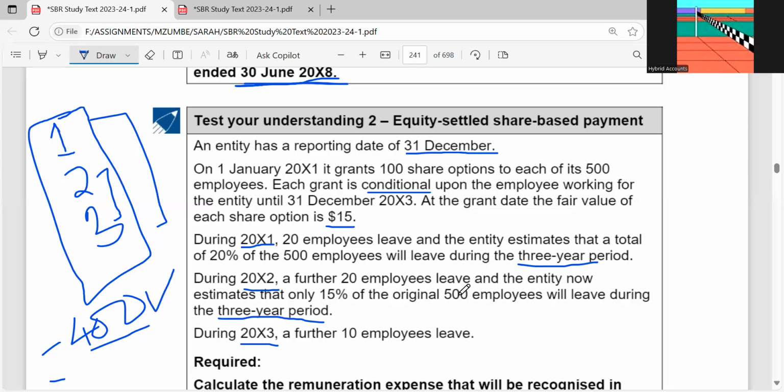So 15% times 500 is how much? 15% is like 15 times 5, which is 75, right? So 75 would leave, although you are in year two, but the question says it is in all 3 years. So in year two, I would expect to remain with 500 minus 75, which is 425. This is for year two. Then after 3 years, you will no longer have to worry, right?